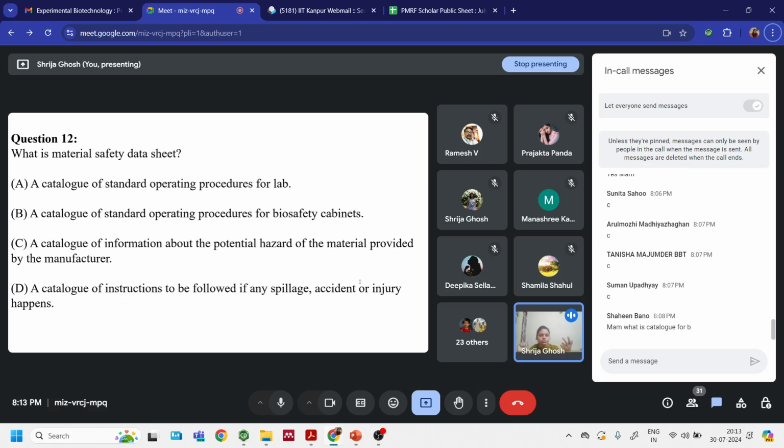If you are curious enough, go check out a website, or just Google MSDS for any chemical, and you will find a link that leads you to it. That is all about MSDS. Any doubt? Shine, is your doubt clear now?